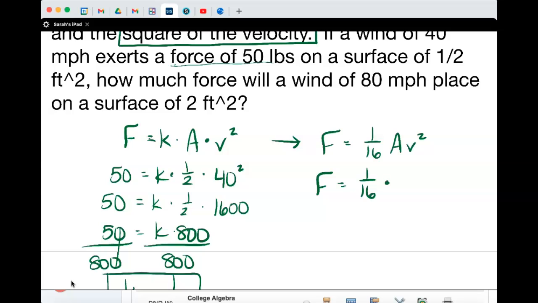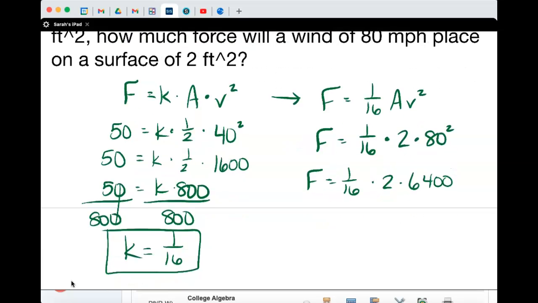So we know the area is 2p squared, so 2 and then times p squared. 80 squared is 6,400. I guess I'd probably do 6,400 divided by 16 if I'm doing the full math, unless you just type it in your calculator.